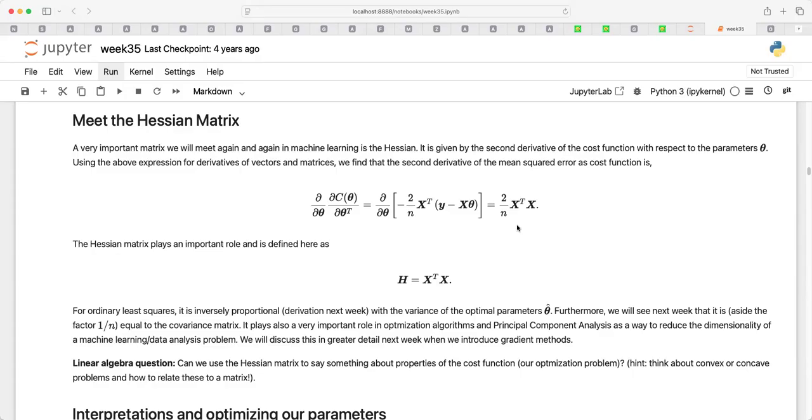Convex. Concave. Okay. So let me just put it on the blackboard here. So the minimization problem, if you have a function like this, where you're looking after the minimum, then this is a concave function.